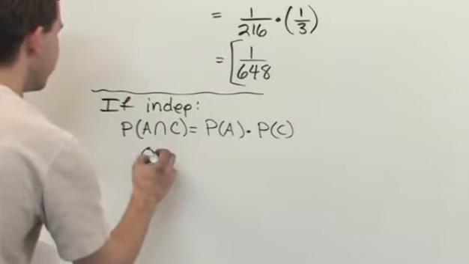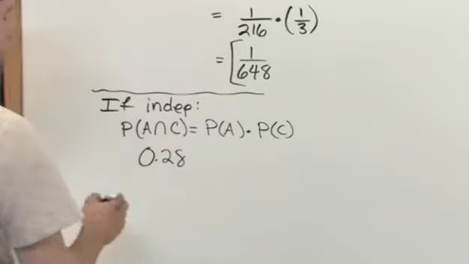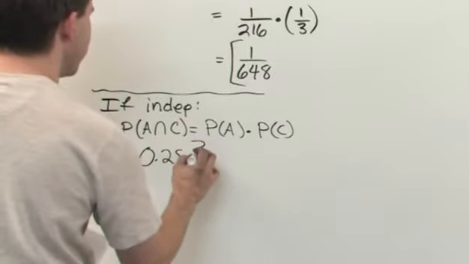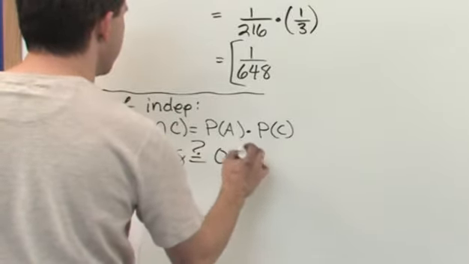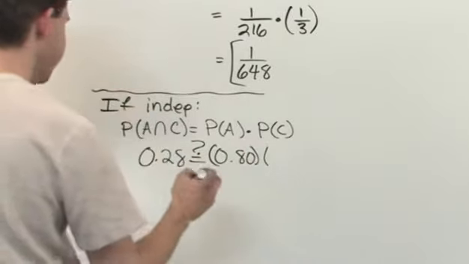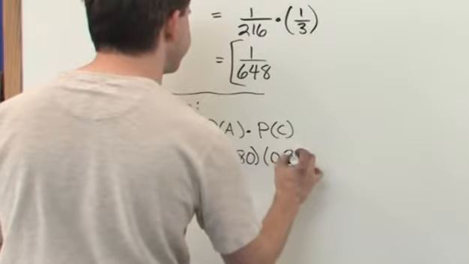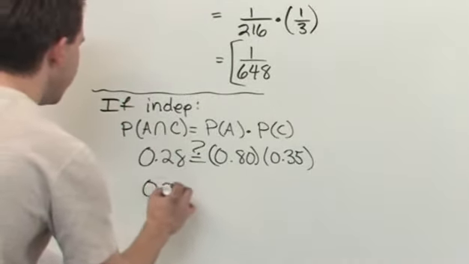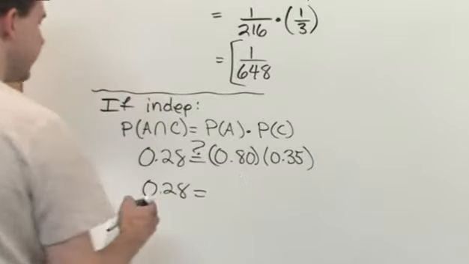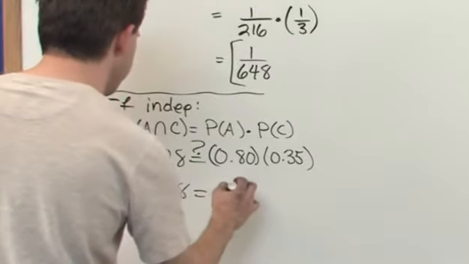So 0.28 was the probability of both happening, equals, with a question mark because we're checking, the probability of A is 0.80, and the probability of C is 0.35. So we just need to multiply these things together. So 0.28 does indeed equal 0.8 times 0.35, 0.28.